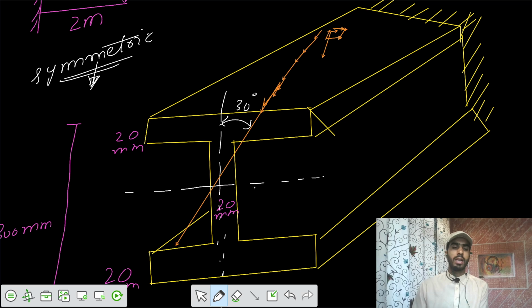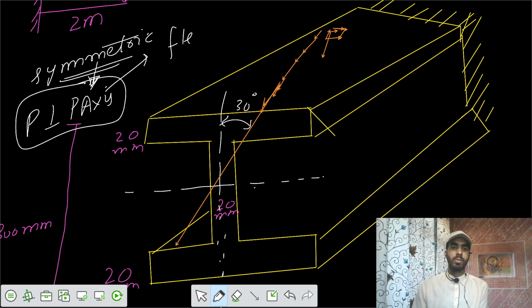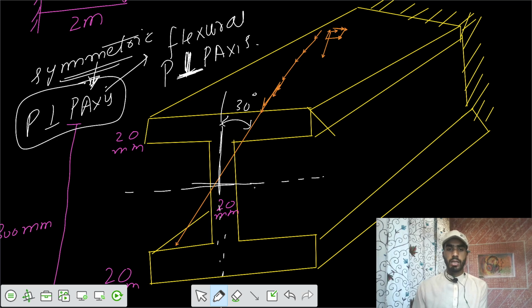For symmetric bending, we have to ensure that the load is perpendicular to the principal axis, because during the derivation of the flexural formula, this was our assumption: the load should pass through one of the principal axes, and it would be perpendicular to the other axis.